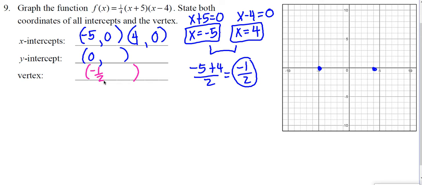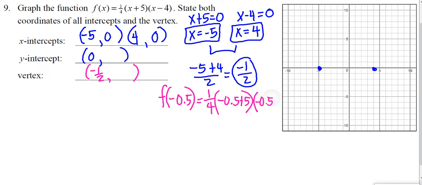Or you can put negative 0.5 if you want. Why don't I put that there? Let me put 0, it has to be a negative, right? Negative 0.5. And then I have 1/4, don't forget the 1/4, negative 0.5 plus 5, and then negative 0.5 minus 4.